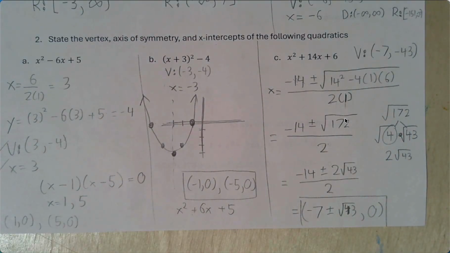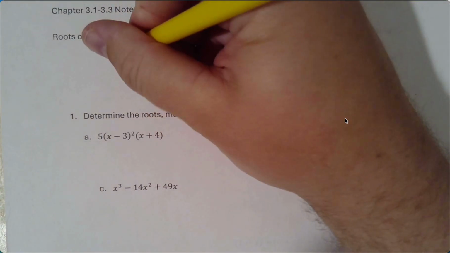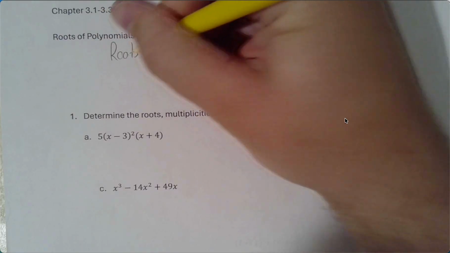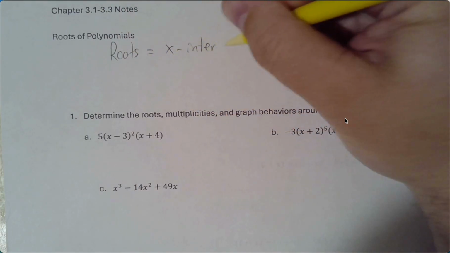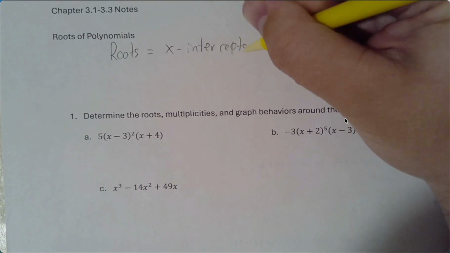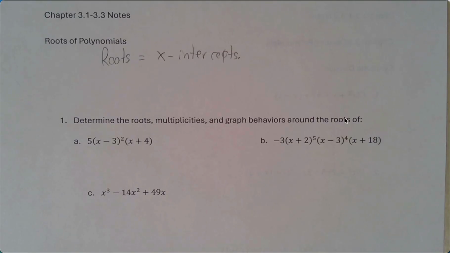Now that's what we do with quadratics. What do we do with higher degree polynomials? How do we find where they cross the x-axis? So remember, roots, maybe what I should say first, is x-intercepts. Two words for the same thing. Why? Because if you invent something, you can tell people how to memorize it in how many different ways.